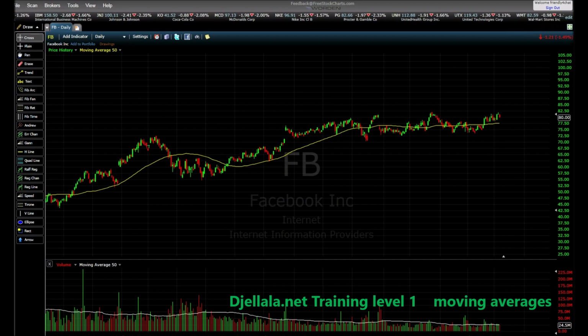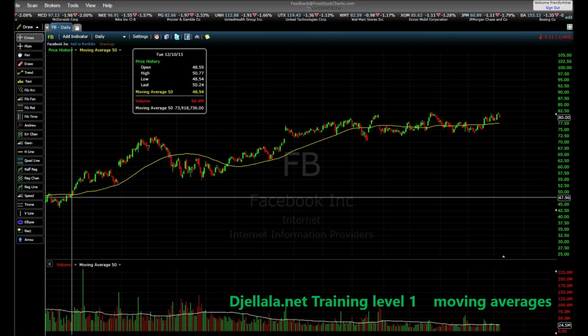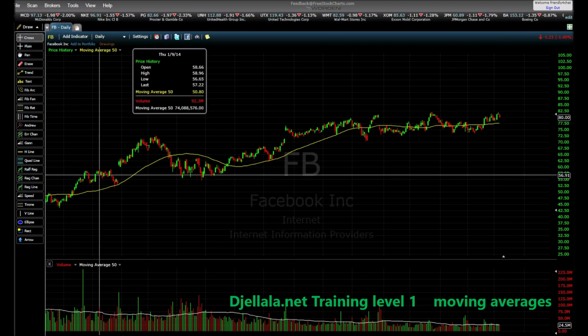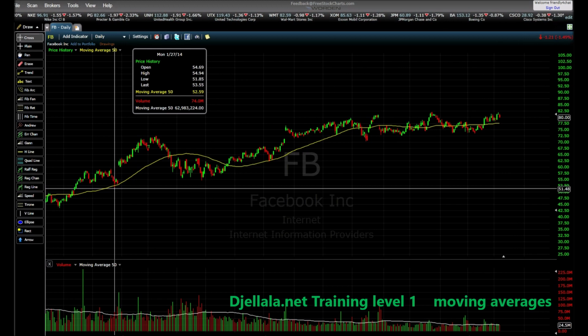Now how do we use it? If the stock is going above this line, you buy. Okay, and if the stock goes down like here, you sell. Now the problem is that the stock was 50, it goes to 57, and then it is going down to 53.